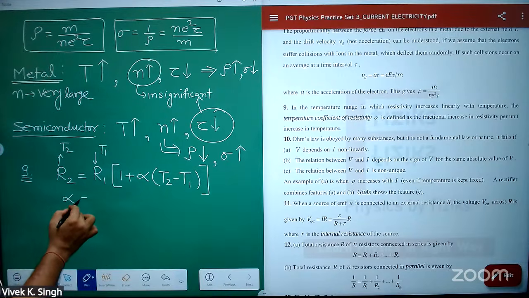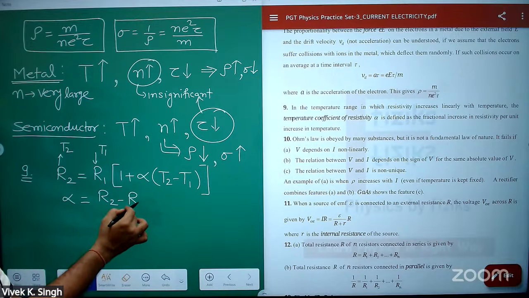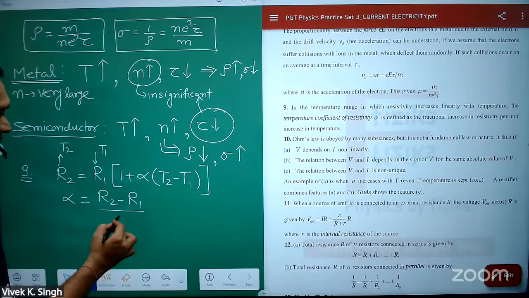So alpha is given by R2 minus R1 over R1 times T2 minus T1. It is defined as the fractional increase in resistivity per unit increase in temperature.